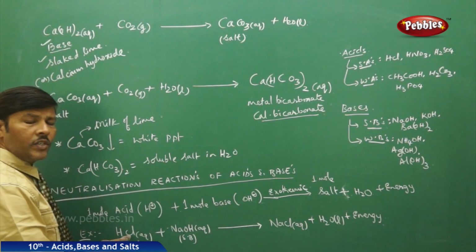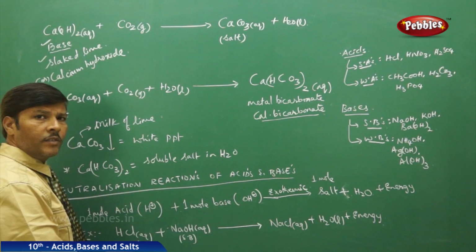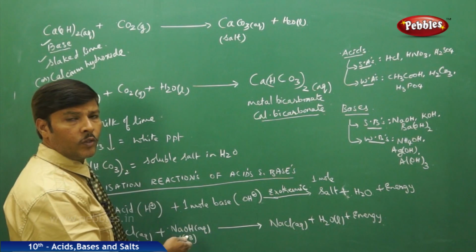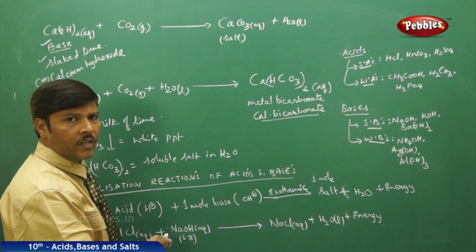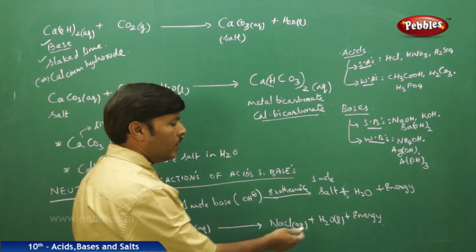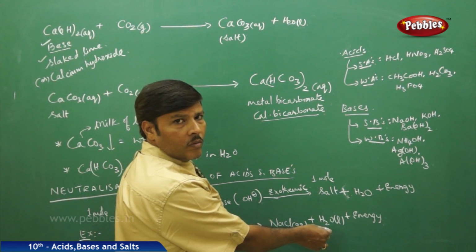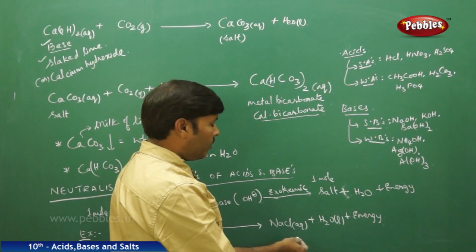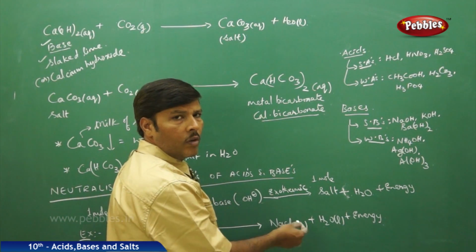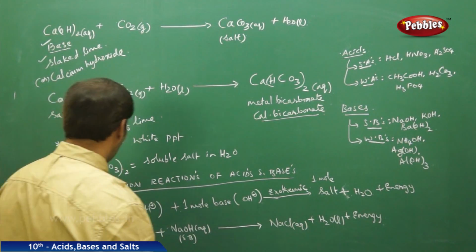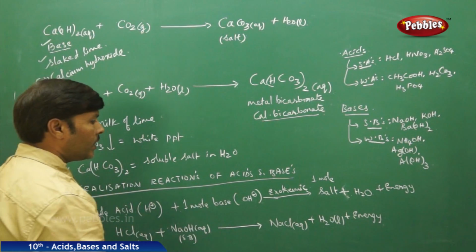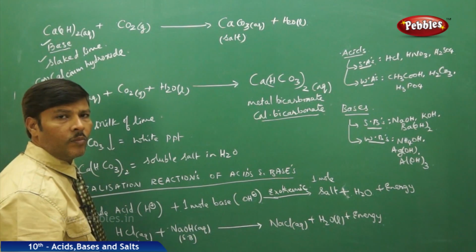Always in the neutralization reaction, acids furnish H plus ions and bases furnish OH minus ions. The H plus ions of an acid and the OH minus ions of a base interact with each other to form an unionized neutral molecule, that is the water molecule, and it also gives us 1 mole of salt, sodium chloride. So this is a neutralization reaction, and a neutralization reaction is an exothermic reaction.